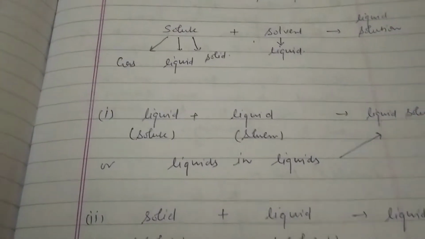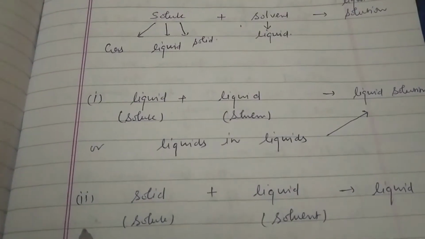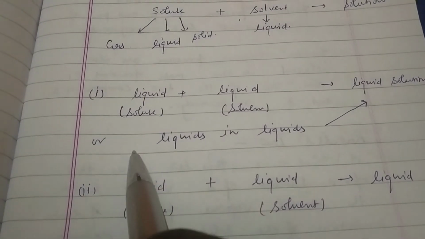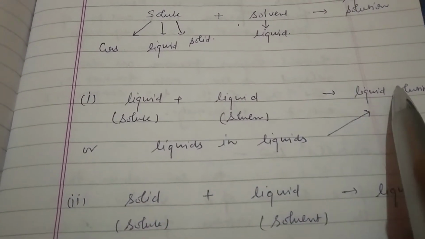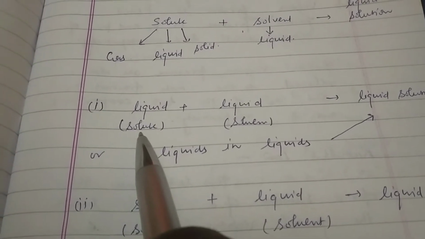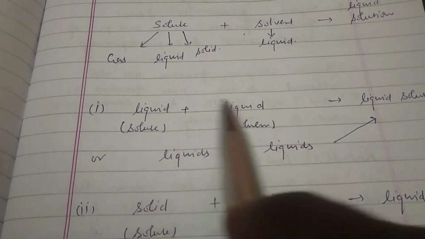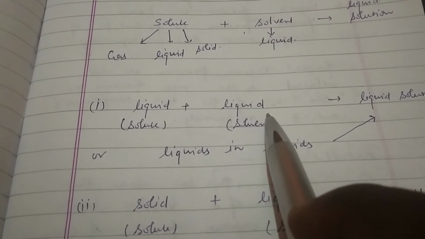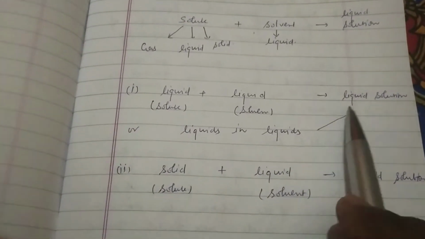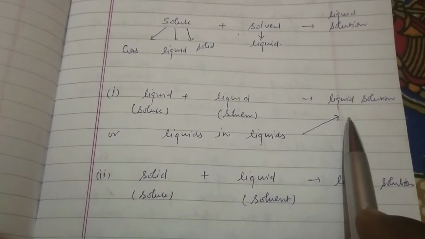In this chapter we study two types of solution. A liquid solution is formed when the solute component is liquid and the solvent component is also in the liquid state, and the obtained solution is a liquid solution.